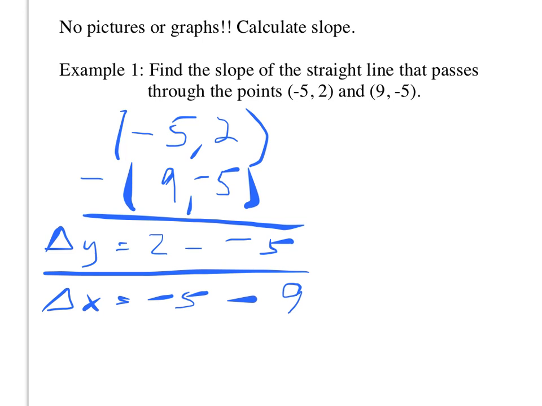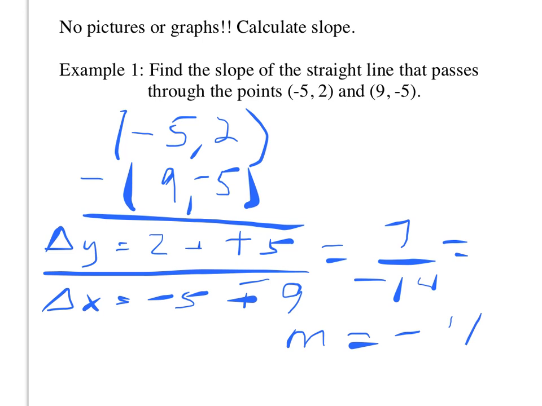So delta y, 2 minus -5, that's plus a positive. I'll get 7 over -5 minus 9, that's add the opposite, -14. Let's reduce the slope. We will get m is equal to -1/2. So now what kind of line is this if it's a negative slope? You're right, it's a falling line.